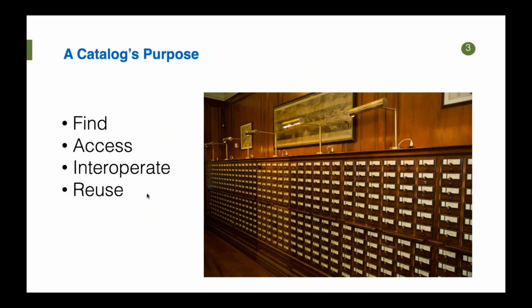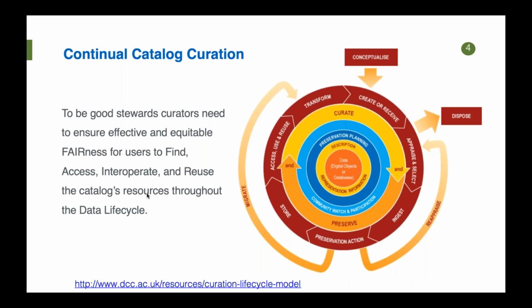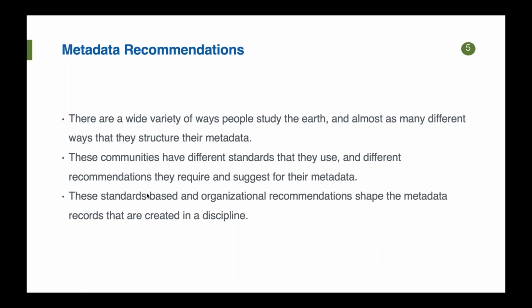So a catalog's purpose is to help users to find, access, interoperate, and reuse the data. And to be good stewards, curators have to do this effectively and equitably so that the catalog's resources are valid throughout the life cycle for the users of that catalog.